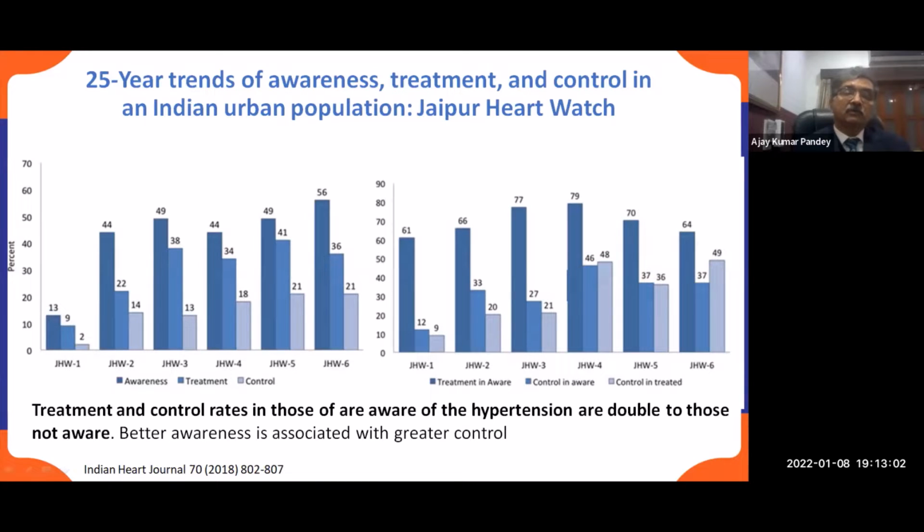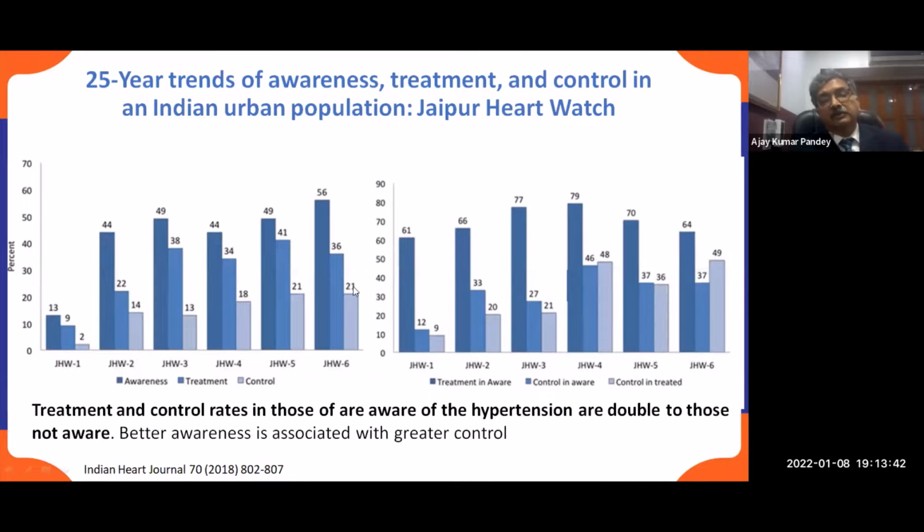And if you look into the 25-year trends of awareness, treatment, and control in the Indian urban population, that's one of the very important studies published in our country, from Jaipur Heart Watch. What they have seen is that in the Jaipur Heart Watch studies, last published in 2018, the awareness is around 56% in that group of population studied, and treatment was around 36%, but good control is just 20%.